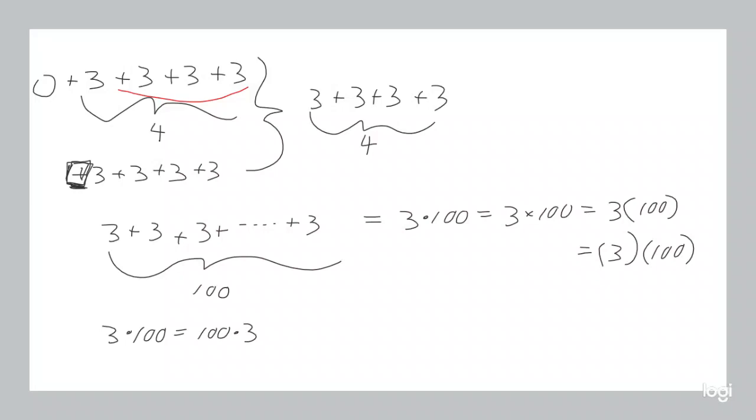Now, why you can add in any order, why you can multiply in any order, these properties, I'll actually cover in the next video. So right now, just take my word for it. You can add, you can multiply in any order. So multiplication is just addition.